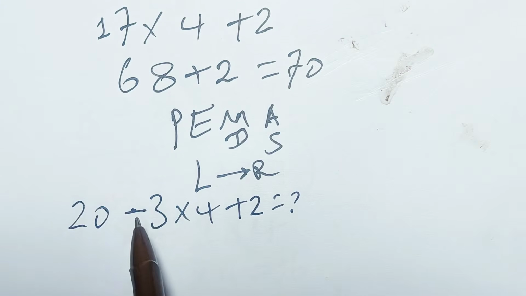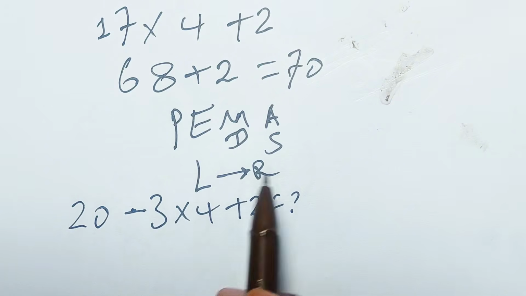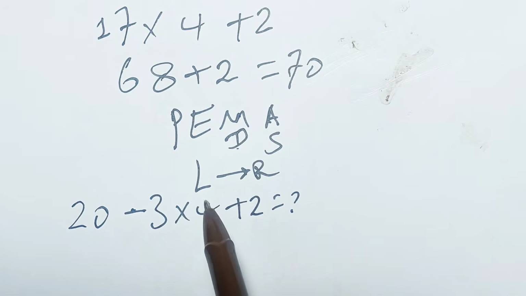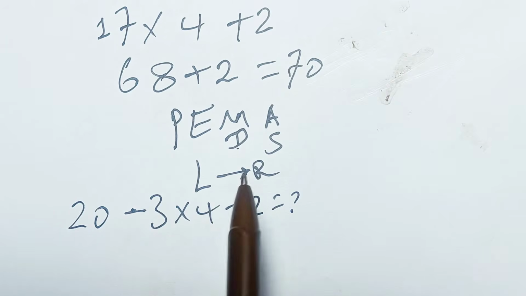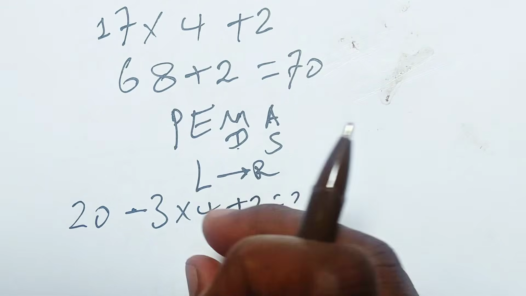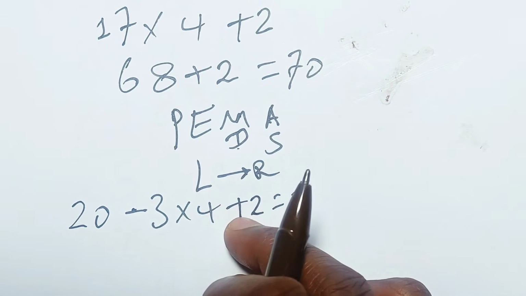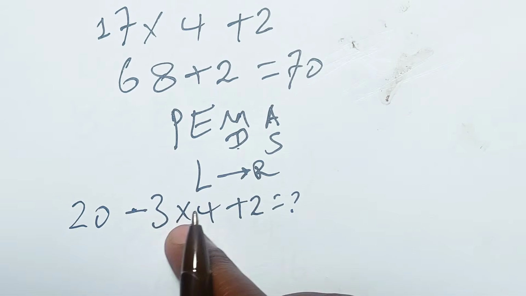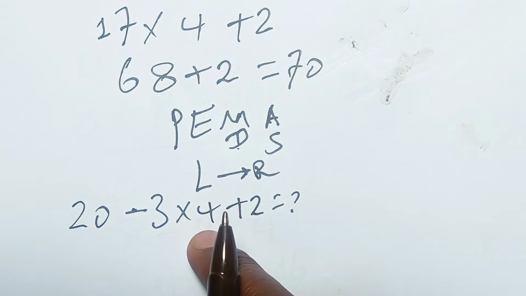So the question is 20 minus 3 times 4 plus 2. Let's solve based on this rule. In order to solve this question, first we have to solve the multiplication, because multiplication must come first before addition and subtraction. So 3 times 4 is 12.